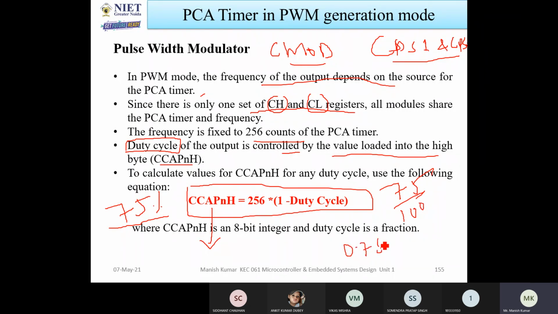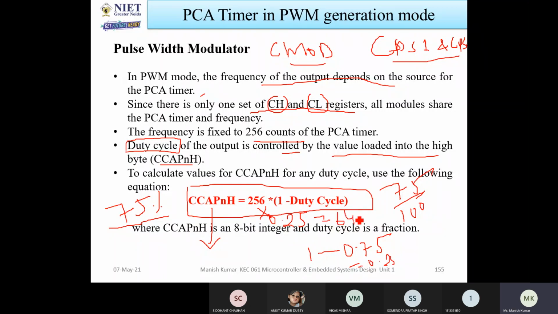So the duty cycle is 0.75. So 1 minus duty cycle, 1 minus 0.75 equals 0.25. If you are getting 0.25, then 256 times this. If you multiply 256 by 0.25, how much do you get? I think you will get 64.